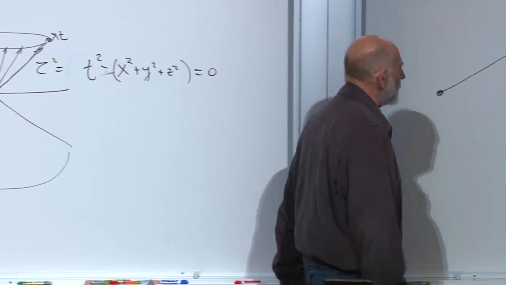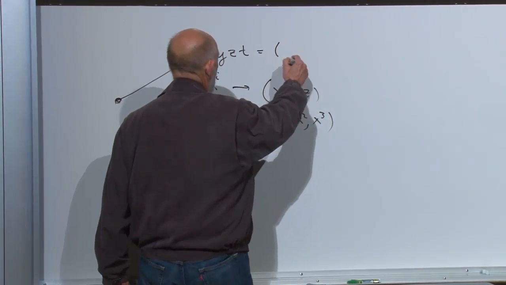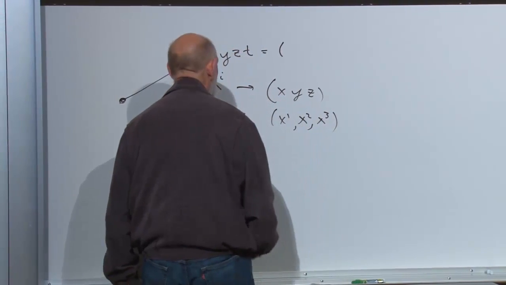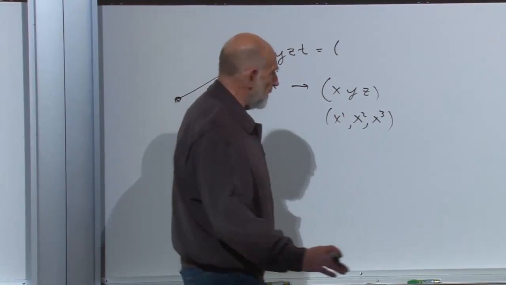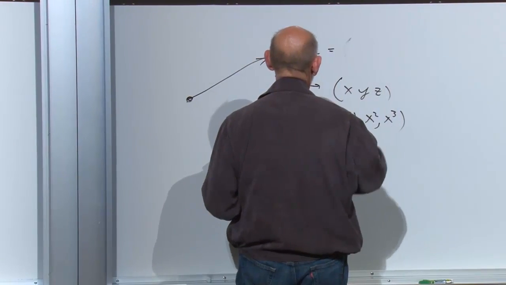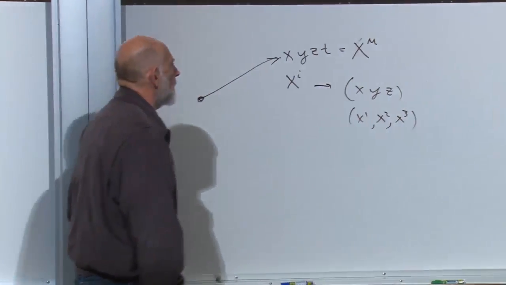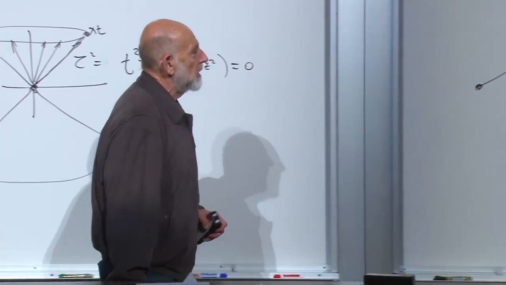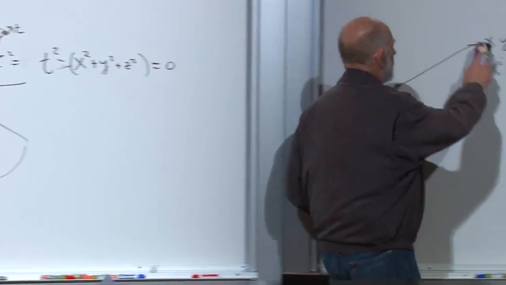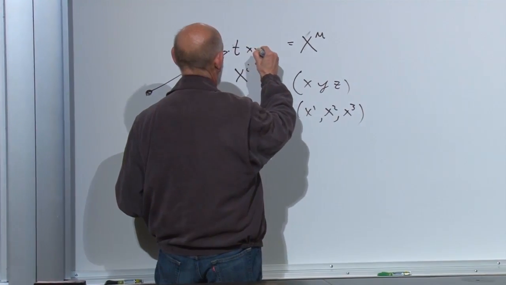The normal notation for it is to represent them as x mu, where mu goes over the four possibilities, normally arranged as t, x, y, and z.